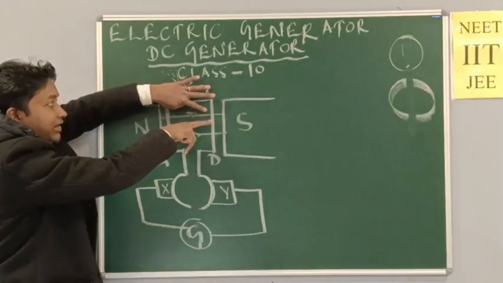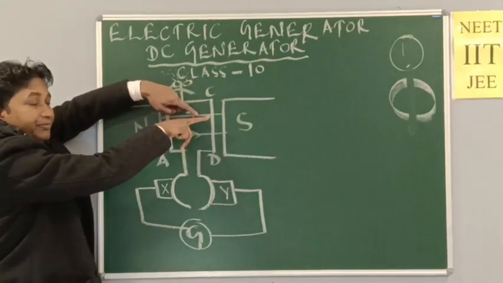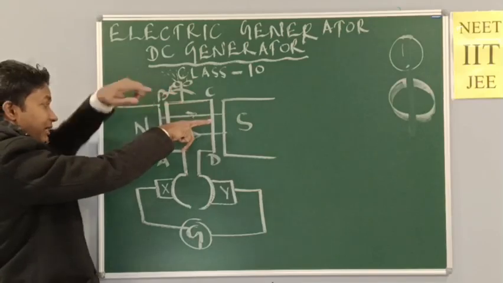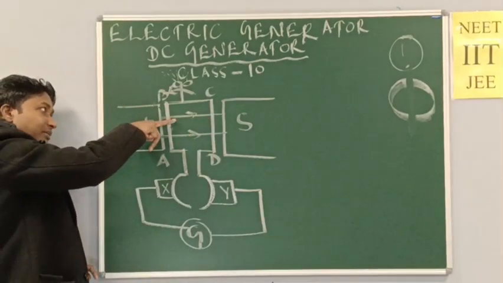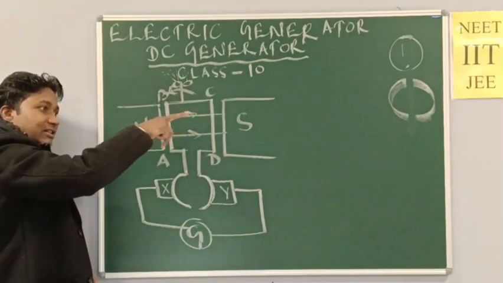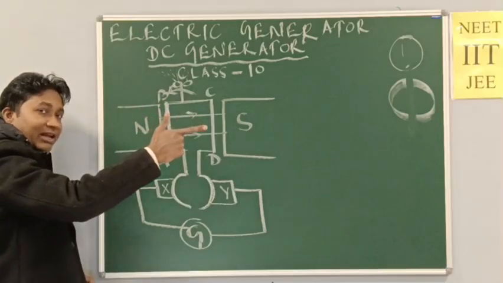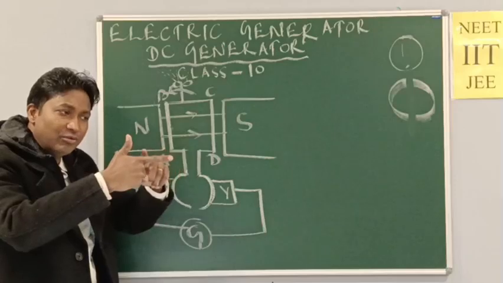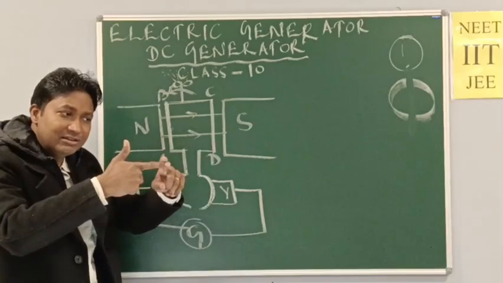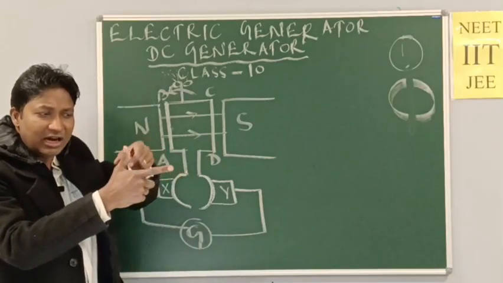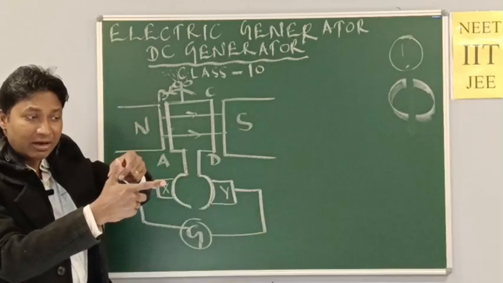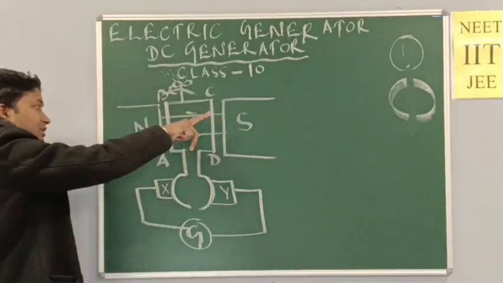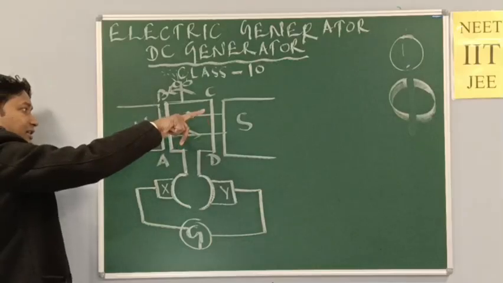The direction of the magnetic field is the same as this forefinger. In Fleming's right hand rule, this is the magnetic field, and this is the arm. Thumb means the arm goes inside.